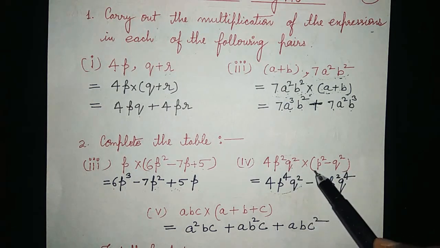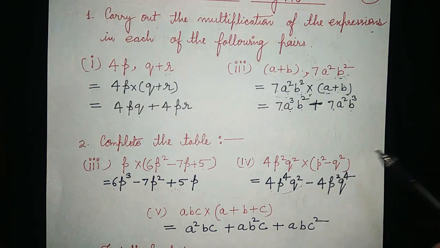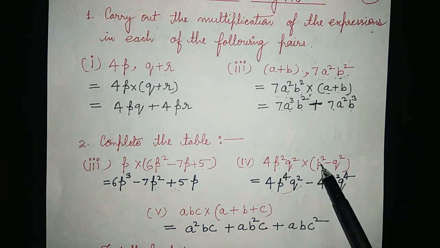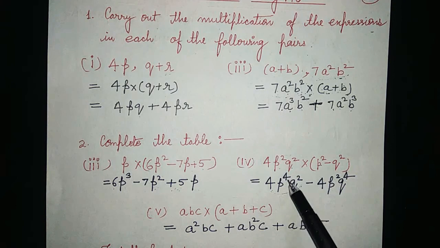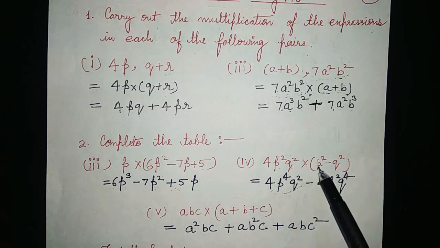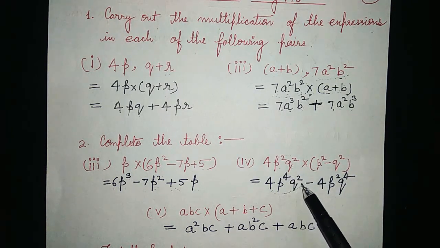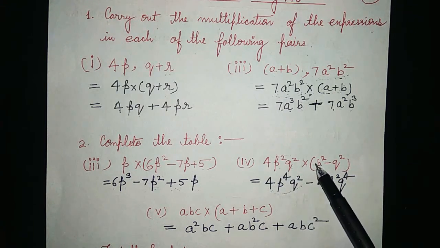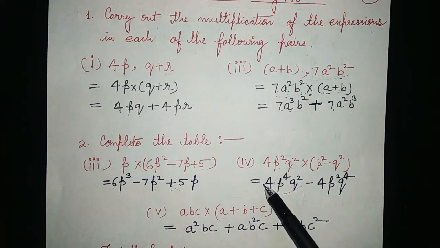Here we will use distributive property of multiplication over subtraction. Now let us multiply. 4 into 1, 4, p square into p square, p to the power 4 and q square will come. Sign you know, this plus, if we multiply we get plus.